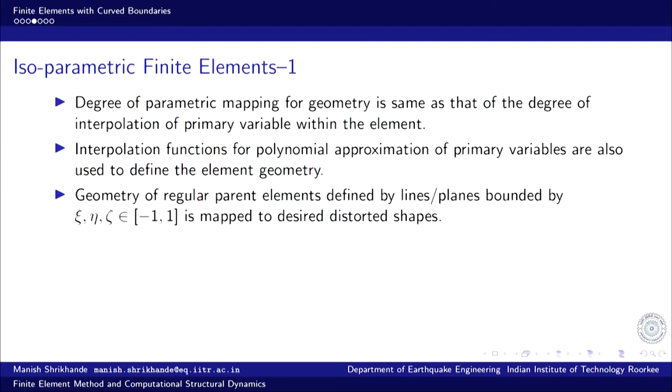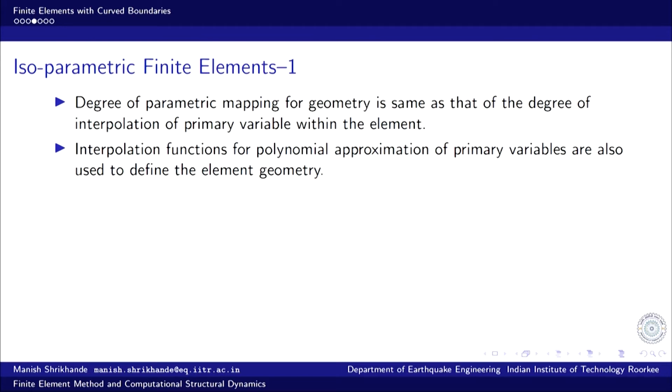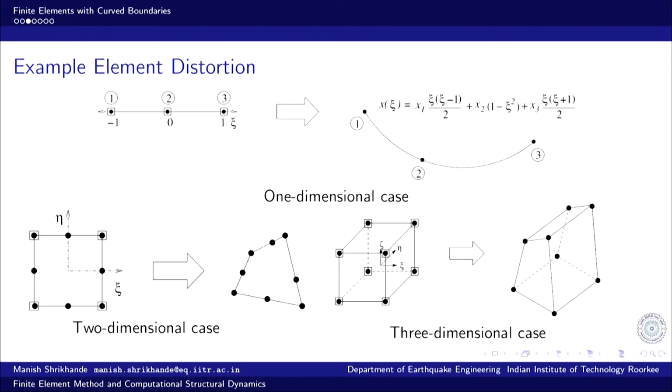So, geometry of regular parent elements is defined by lines or planes bounded by those straight lines or straight planes defined by the local coordinates xi equal to plus or minus 1. So, this plus or minus 1 is the domain which bounds the elements.